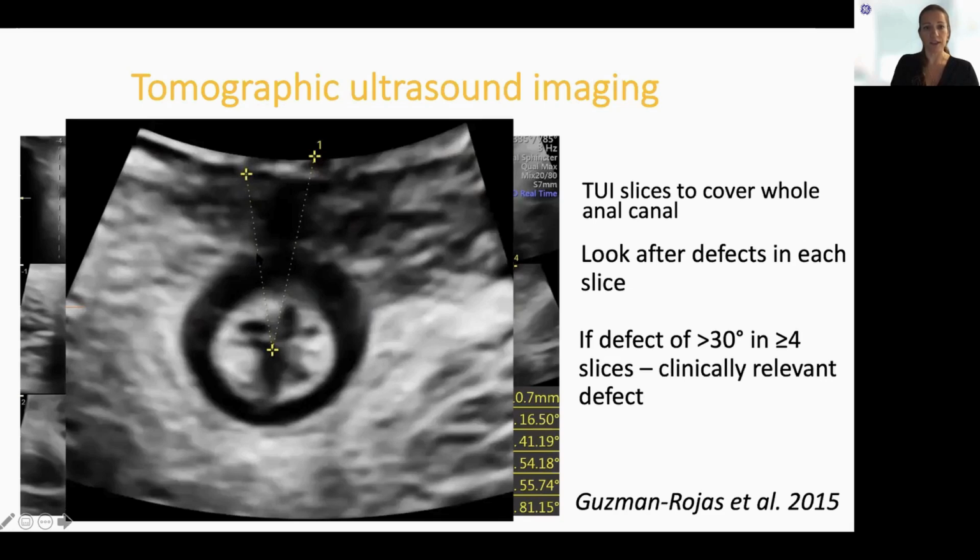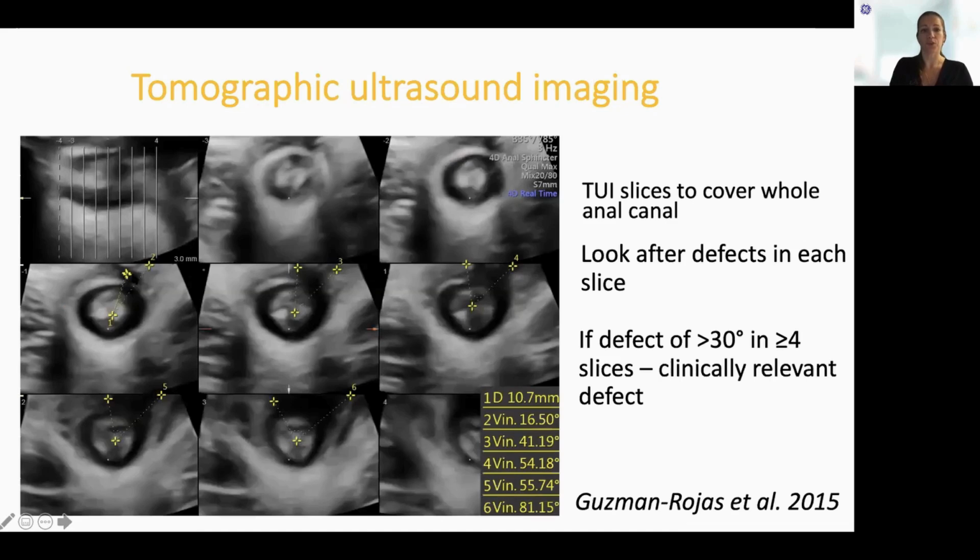So we take the angle function in the measurement and we point to the middle of the anal canal and go back to the margin of the defect. And then we measure it as an angle, and we do it in all the slices, and we have at least 4 slices, and the defect is at least 30 degrees. So this defect is clinically relevant and important.